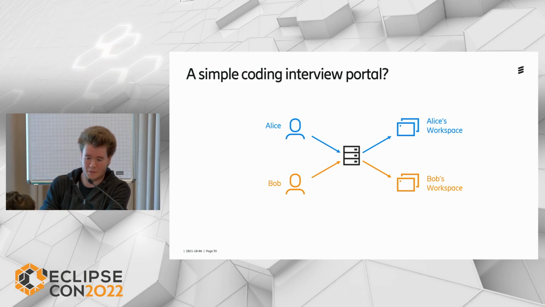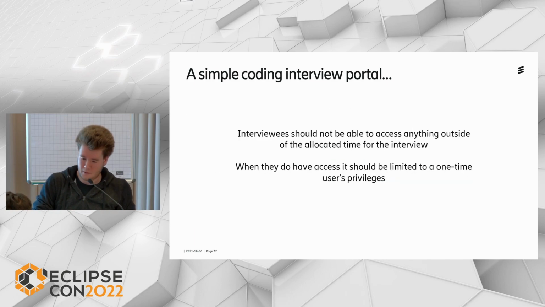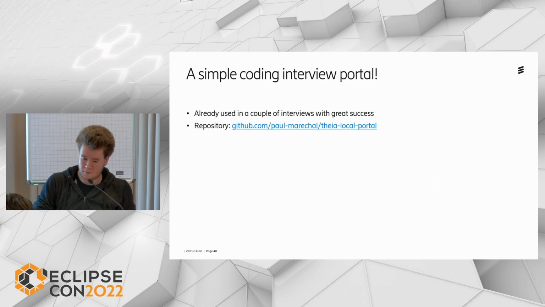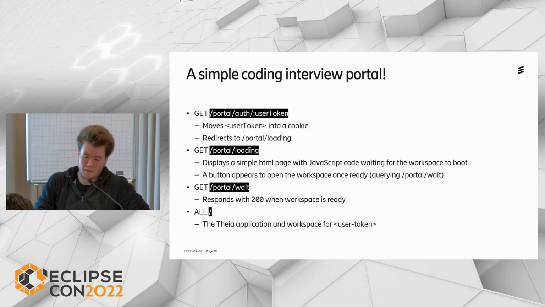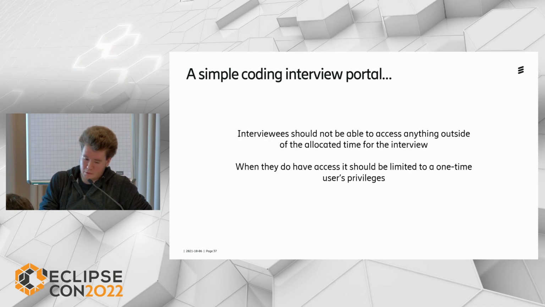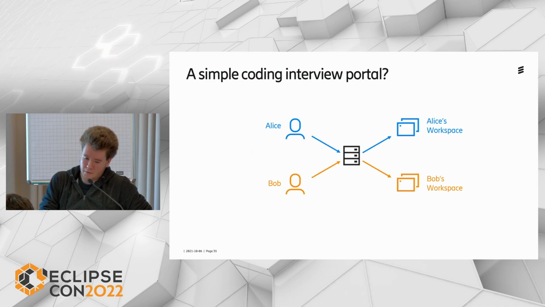I'm sorry again about this, but I had a lot of things, a small example, but we are running a bit out of time. If anyone is interested to talk to me after this talk, just the quick summary is that I wanted to interview people and see them work on code, and I wanted to distribute a Theia application.